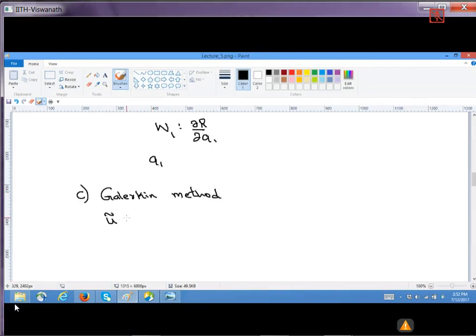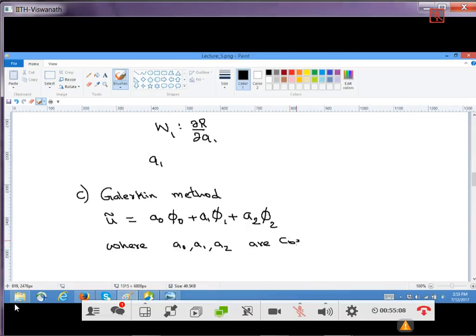So I want to write my u tilde as, where a naught, a1, a2 are coefficients.